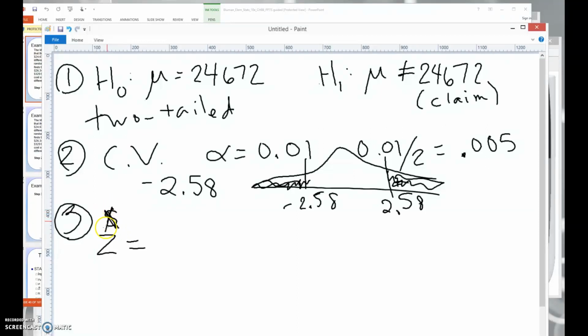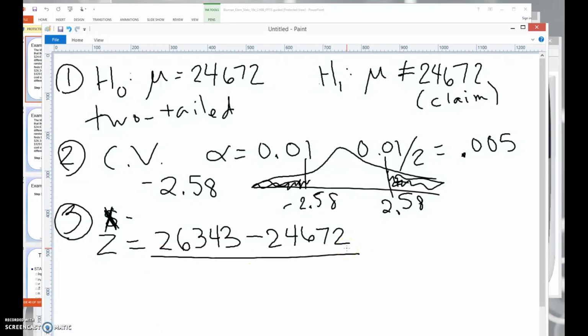In this case, the mean was 26,343, and then the actual mean of the population is 24,672. Divide that by the standard deviation of the population, 3,251, divided by the square root of how many are in our sample. Get that calculated out, and it ends up being 3.04.